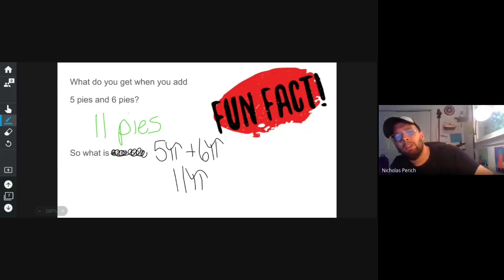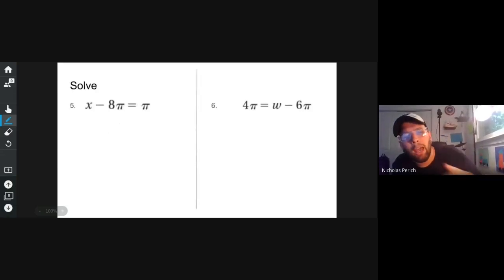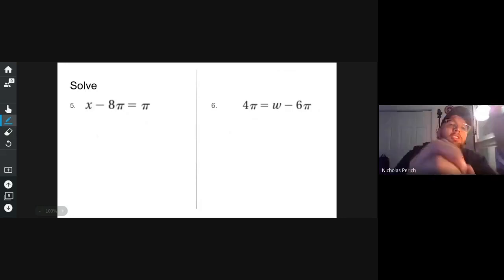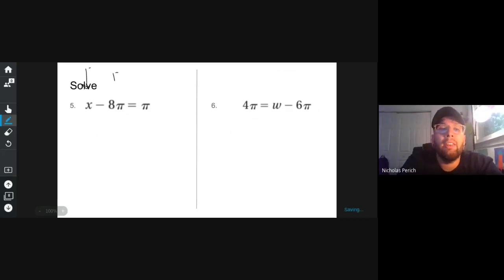So that takes me to these types of problems. Why am I showing you that? Well, look at what we have here. Is x all by itself? No. What's in the way? Negative 8 pi. How do I get rid of a negative 8 pi? Add 8 pi. Don't overthink it. Add 8 pi to everything.